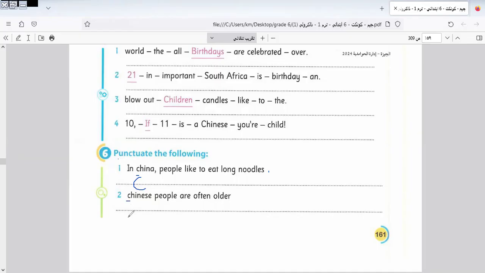Chinese is a nationality. You can't write it in small letter. But here I started at the beginning of the sentence. As we know the rule in English, when we start the sentence, it must be written in what? In capital letter. So I write it in capital letter and I put a full stop at the end of the sentence. Let's go to the next question.